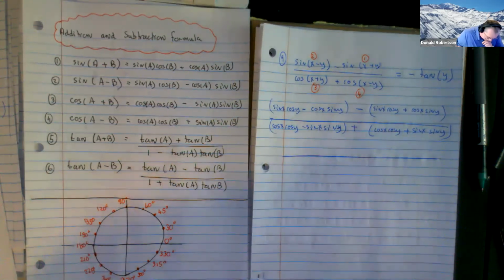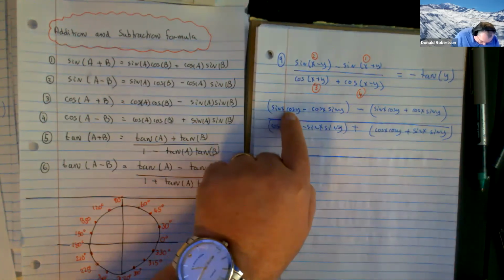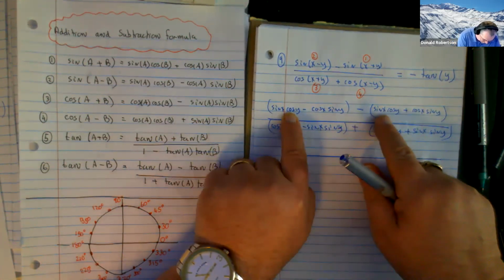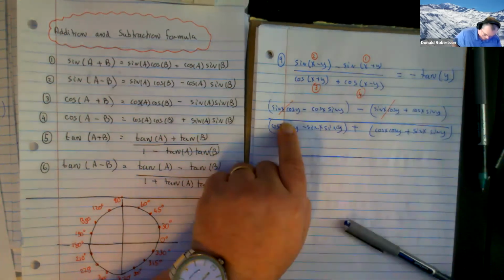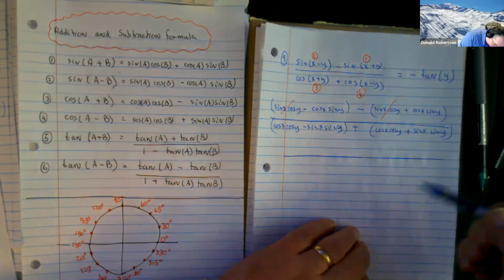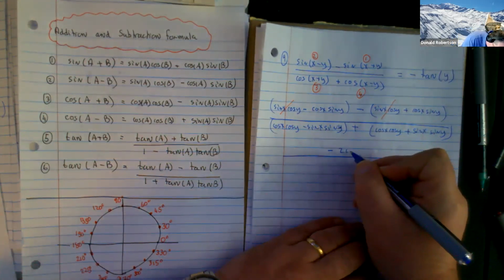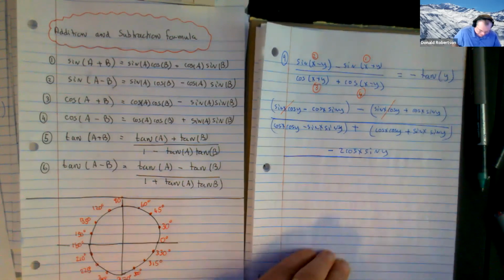Well, I'll try and save a line of working by not writing all of that out again. Sine x cosine y, take away sine x cosine y. That guy gets killed off by that guy. This fella is negative, so is this guy negative, so you're going to have negative 2 of them. So that's what you get.